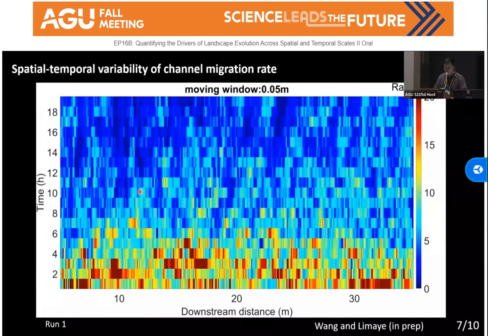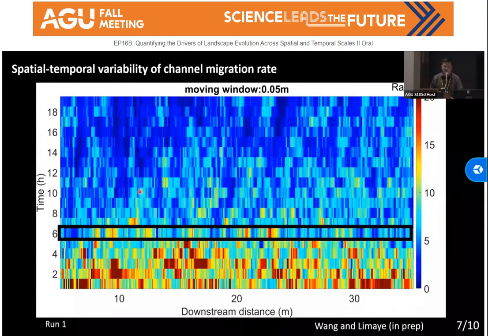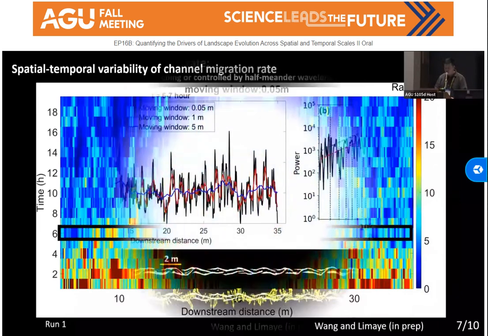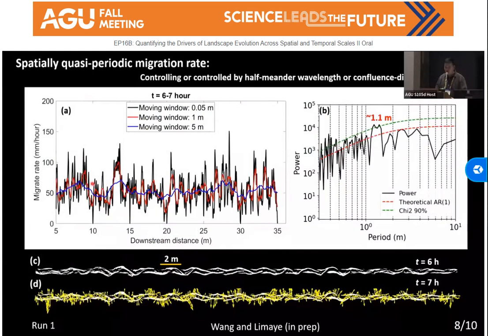Then we look into the spatial series. We take the example of t equals 6 hours. Here you can see the spatial series from upstream to downstream, and I use different moving windows to average the migration rate. My PhD was about cyclostratigraphy, so when I see those peaks, I think, oh, they are cycles, repeating patterns.